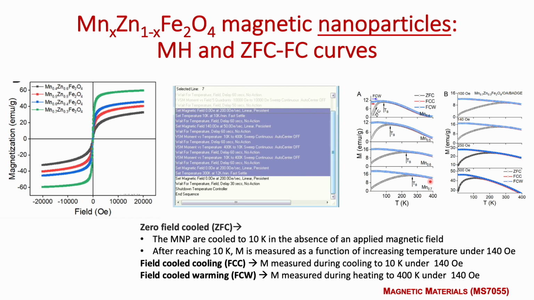Once it reaches the high temperature, we wait 60 seconds and then go to low temperature again, then come back. By doing this, we can learn more about our system: what the blocking temperature is, and whether the system is really superparamagnetic or not. If our blocking temperature is below room temperature, that means the particles are superparamagnetic at room temperature.